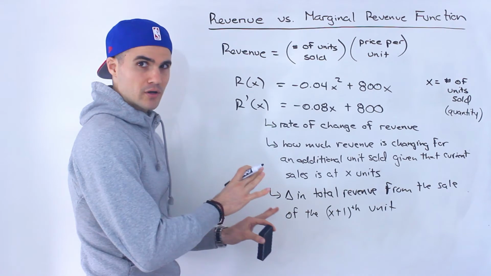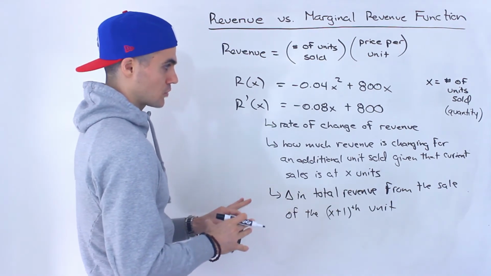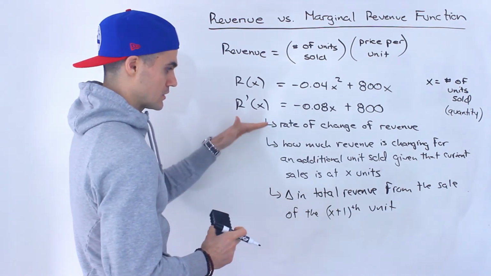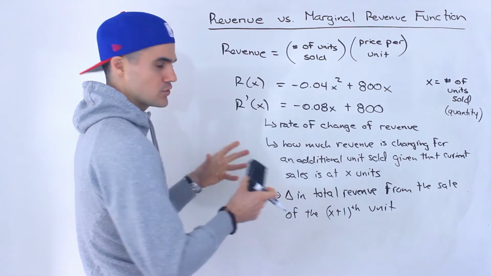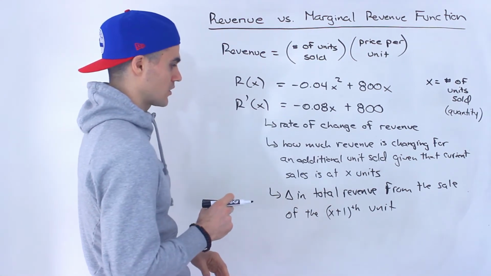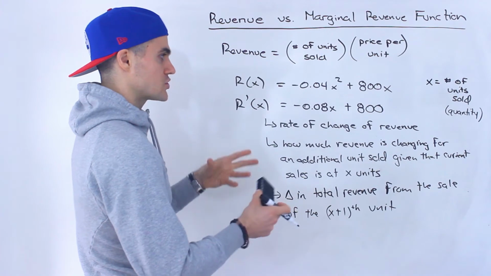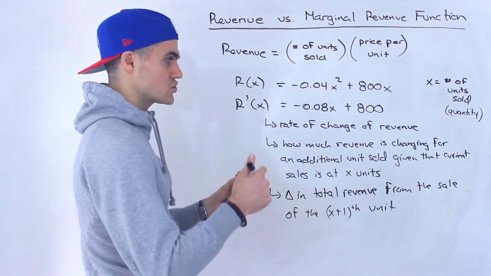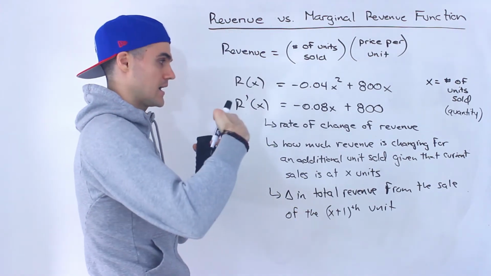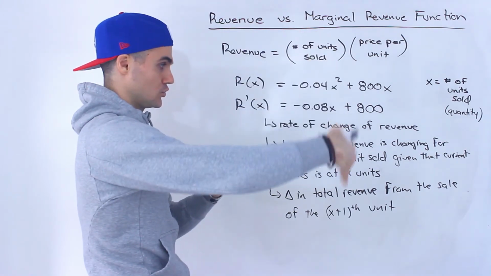All right, this is pretty important because sometimes they'll ask you to interpret these results. So these are different ways to describe it, and I'm going to show you numerically how this works, but it's basically how much that total revenue is going to change from the sale of the next unit.